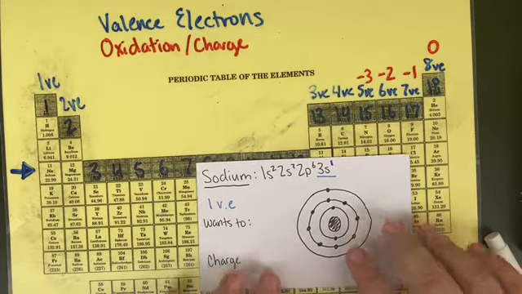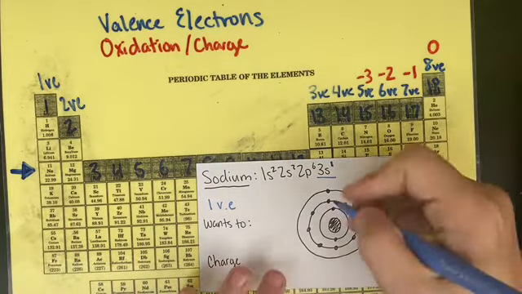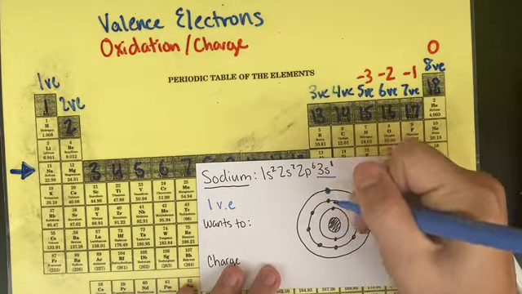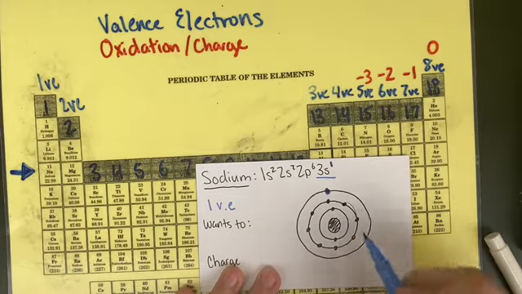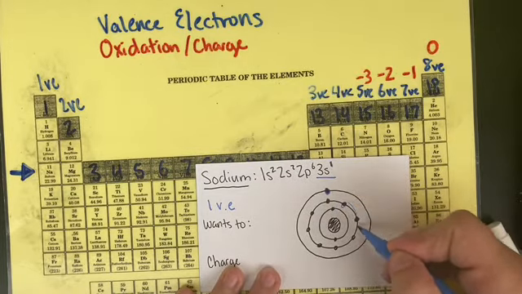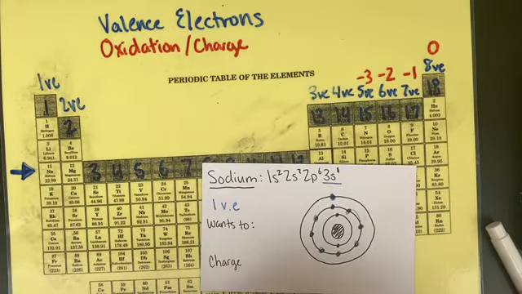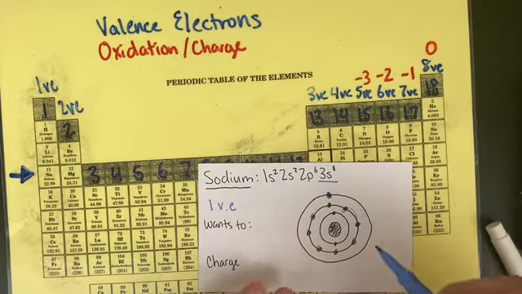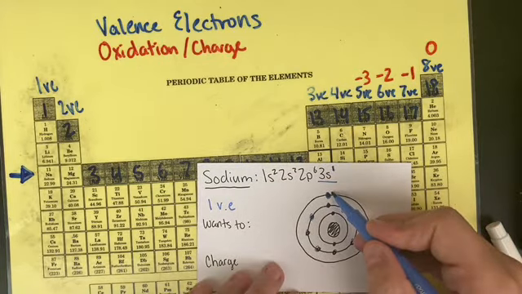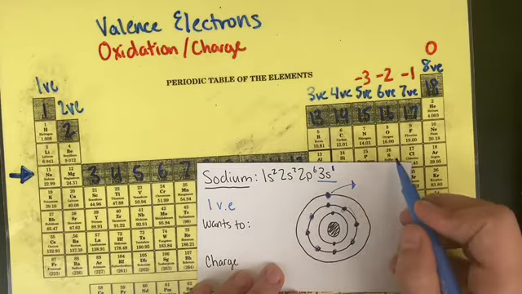So here is a sodium atom drawn out with all of its electrons. Remember, this right here is its only 1 valence electron. But if we look underneath that electron, there's a second energy level here, and that second energy level has 8 electrons. So sodium, instead of trying to pull in 7 more electrons, is actually just going to take that 1 electron and give it away.